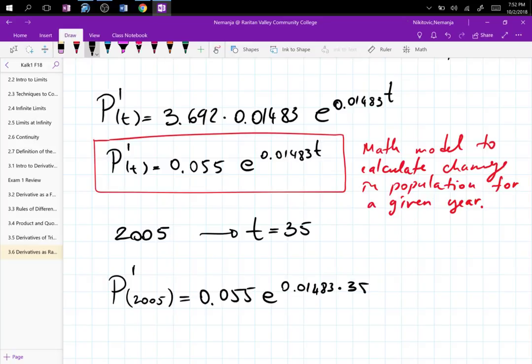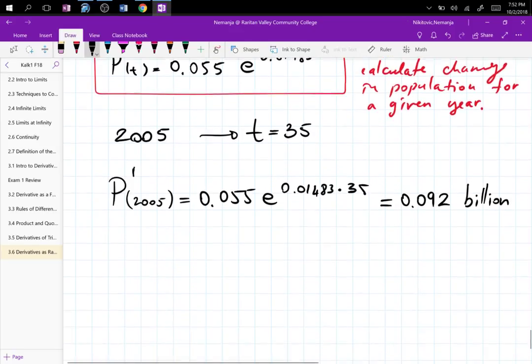So 0.055 times e raised to the power of 0.01483 times 35. We added 0.092 billion people.